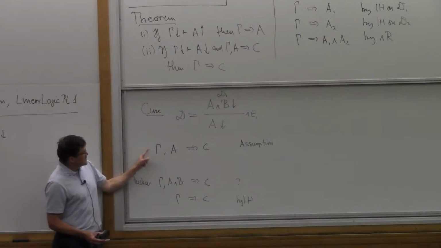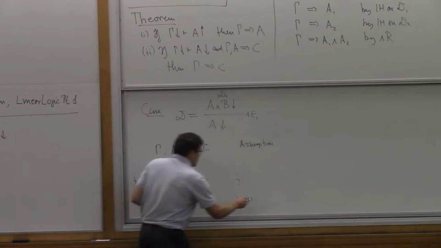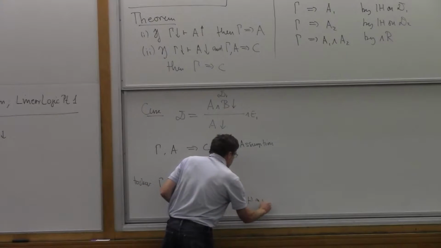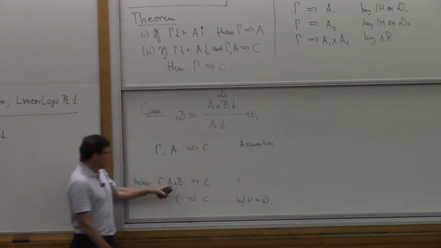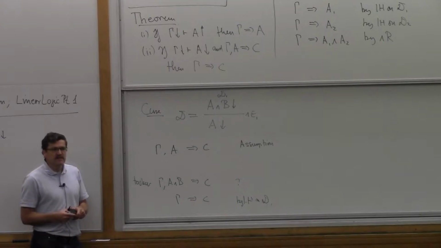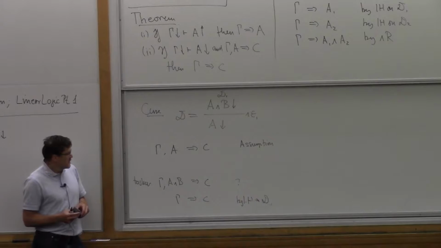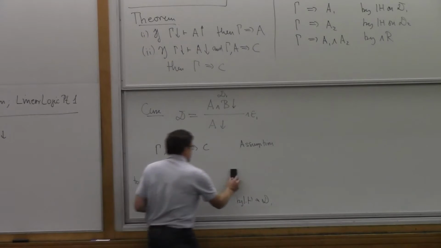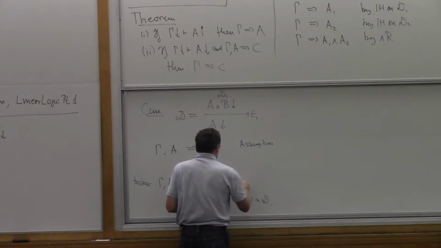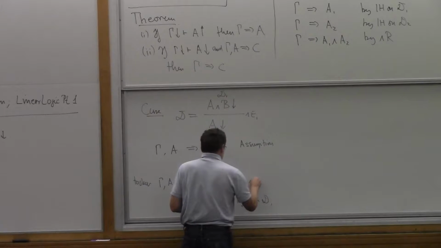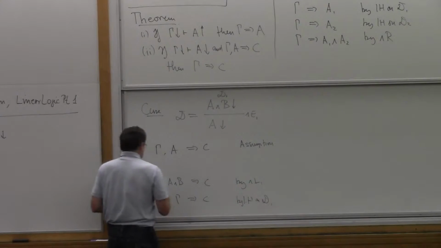So we know this. We have this derivation, this by induction hypothesis on D1. Okay, how do we know that gamma together with A and B proves C? By and left, the first and left rule. Okay.